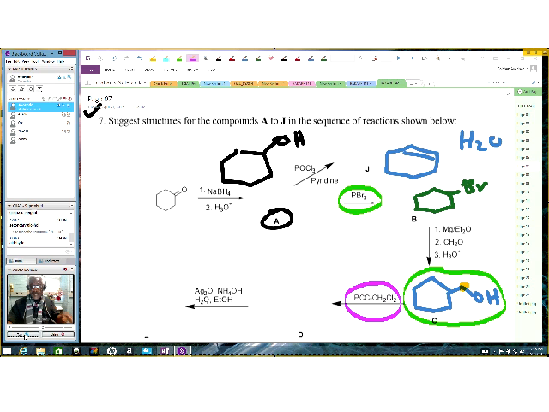Now, if you take PCC and react PCC with a primary alcohol, of course, just as Ariana has told us, we get an aldehyde.